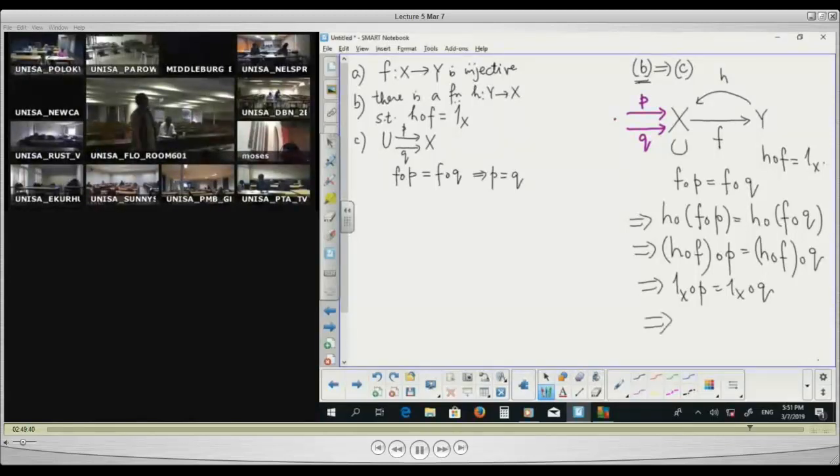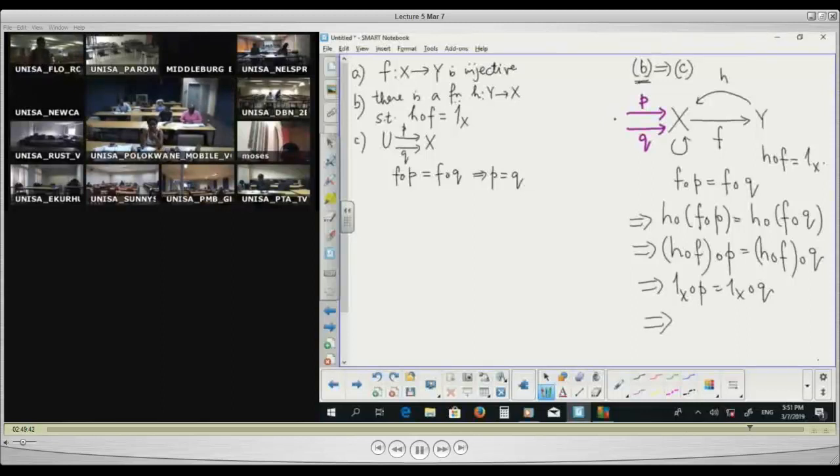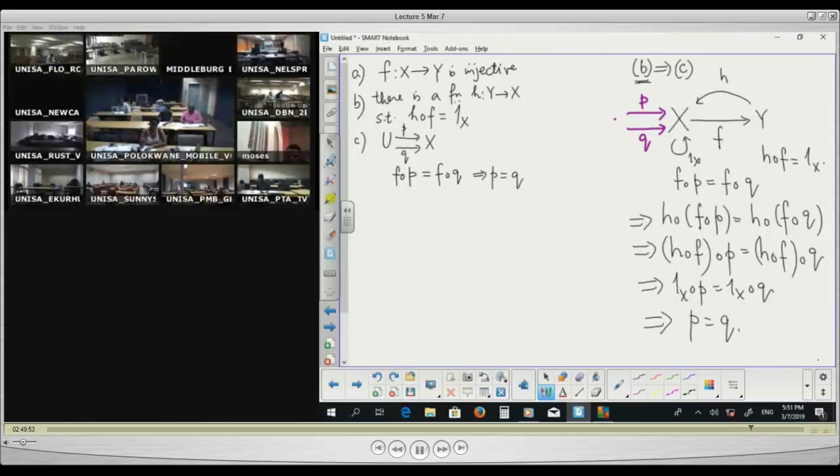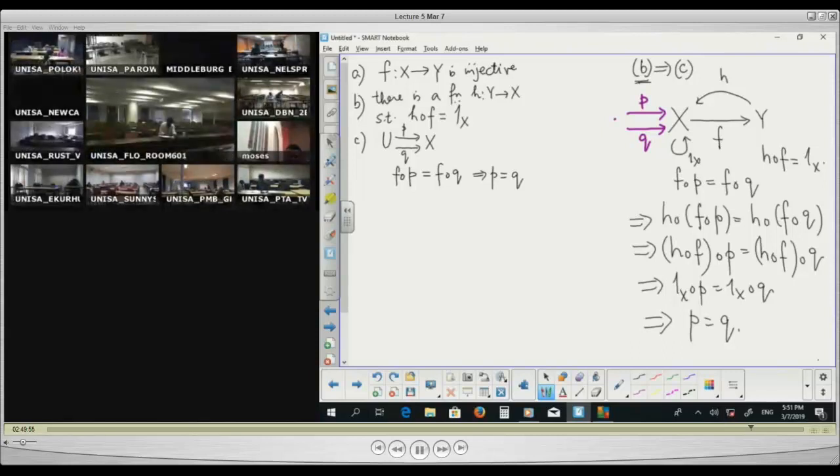Sir, can I please ask, does that also show that number 3 implies number 1? Correct. Are we going to use the same thought? Yes, exactly so.